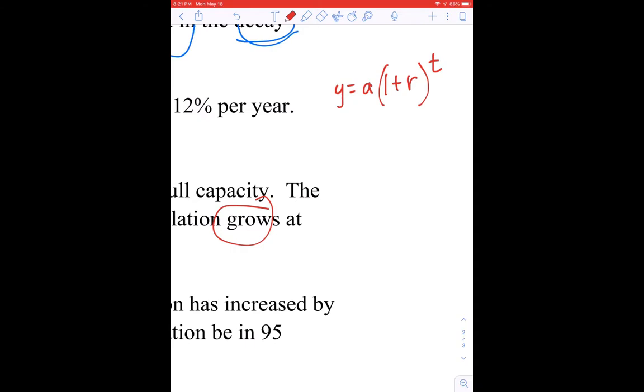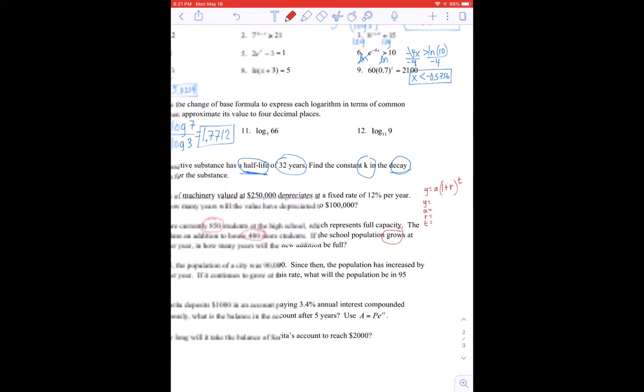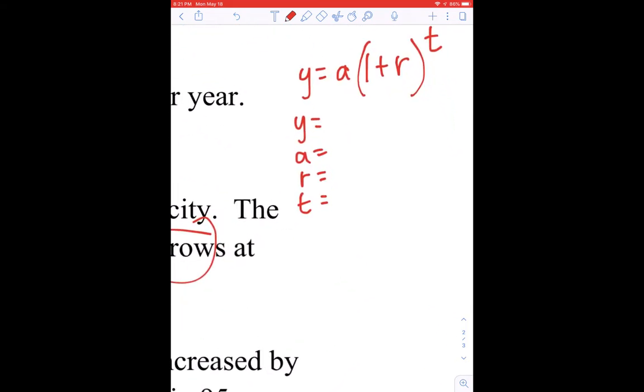So we need to write out our Y equals, our A equals, R and T. And the one that they're asking for is, in how many years will the new addition be full? So that means they're asking for time. How many years? Okay, and then they gave us a percentage, 7.8%.